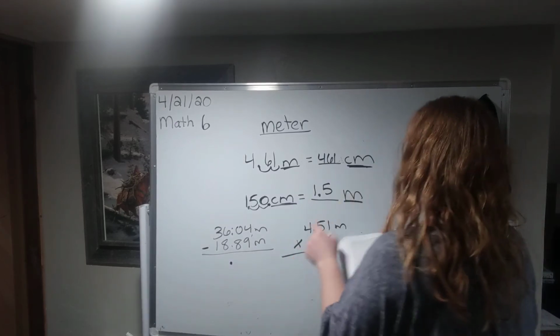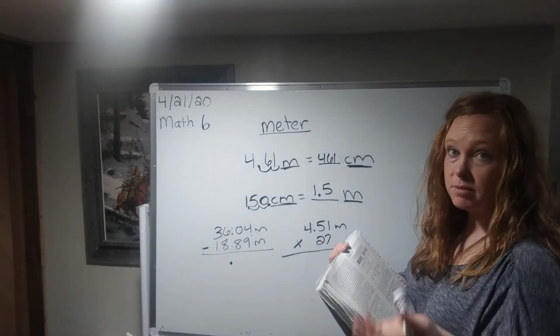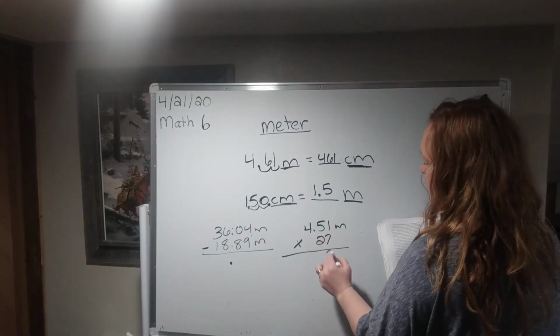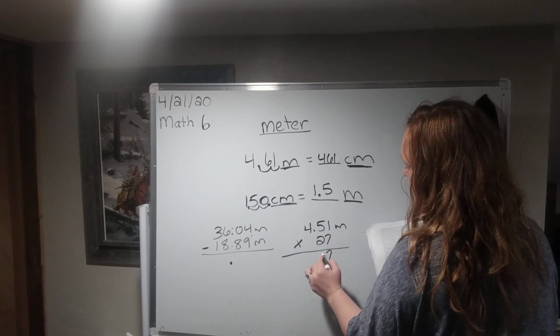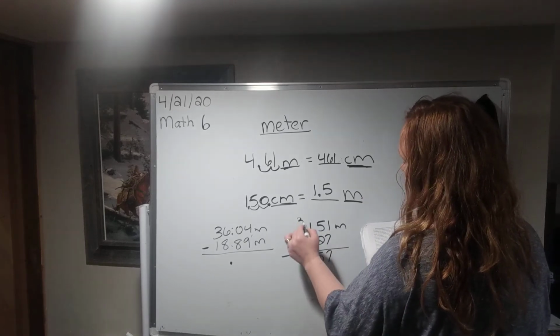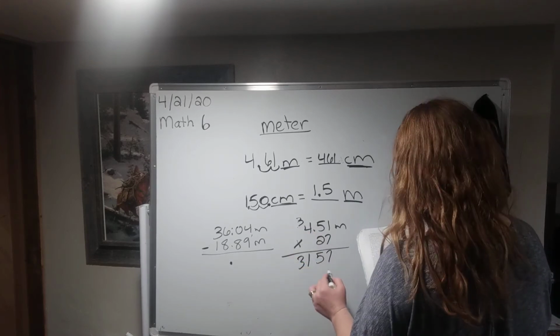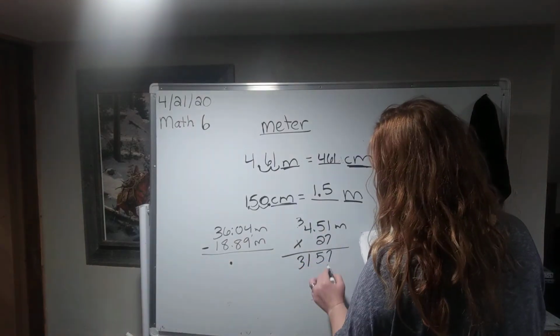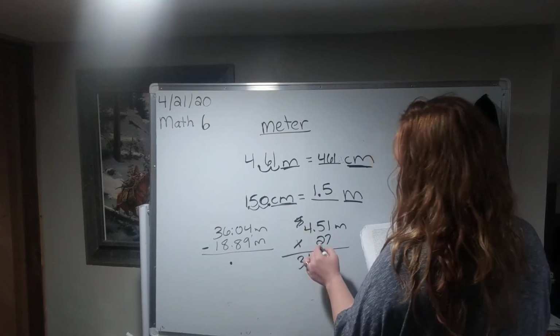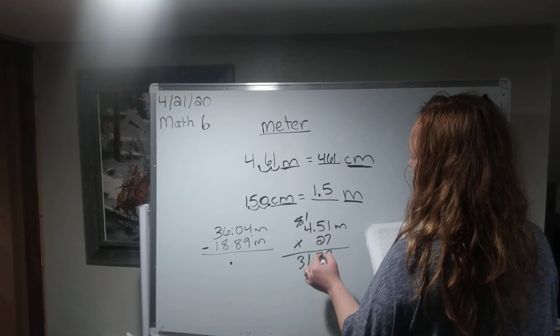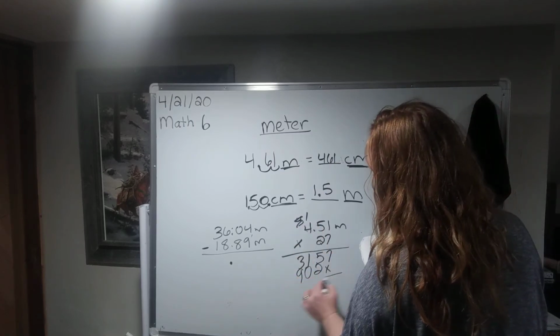when we multiply, we don't just bring the decimal down. Sometimes it works out that way. It looks that way, but that's not what we do. 7 times 5 is 35, 28, 31, right? Mark off my ones place. 2 times 1 is 2, 2 times 5 is 10, 2 times 4 is 8, plus 1 is 9.